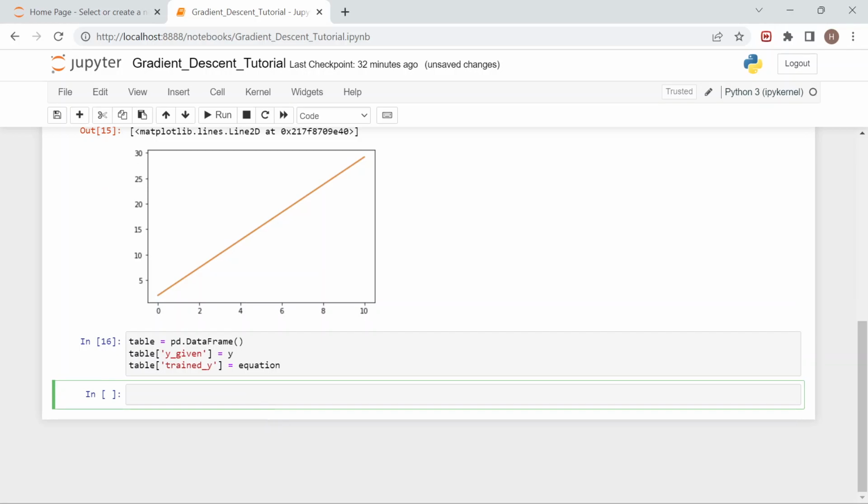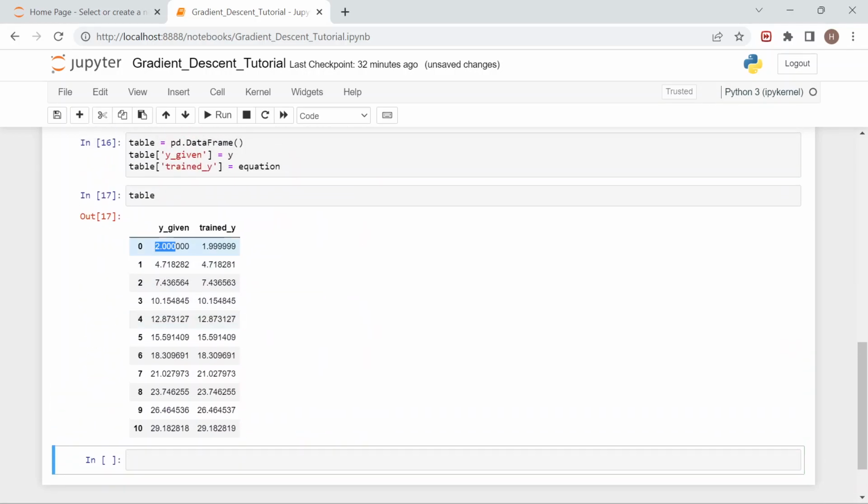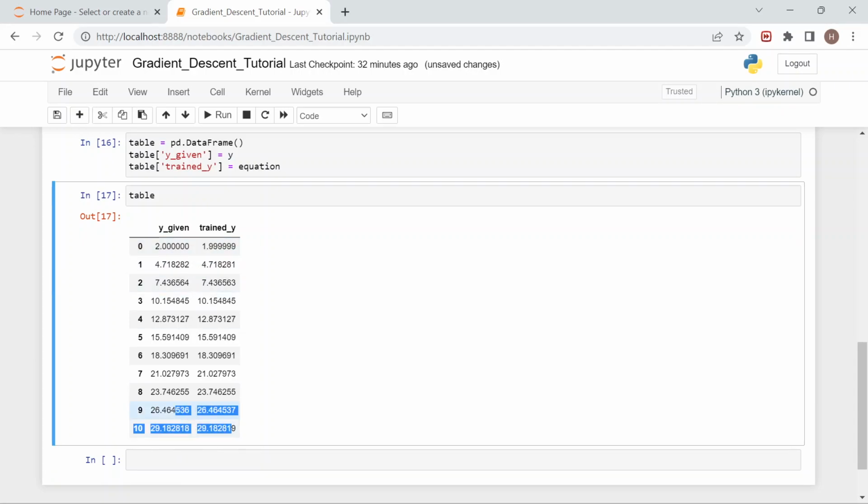Alright, now if I print the table, you can see. So y given was 2, y trained was that, and you can see that it's really close.